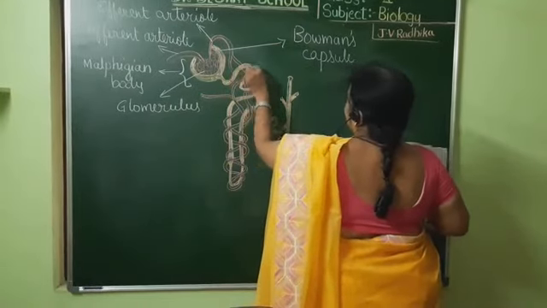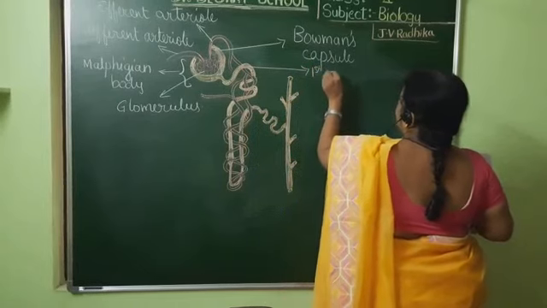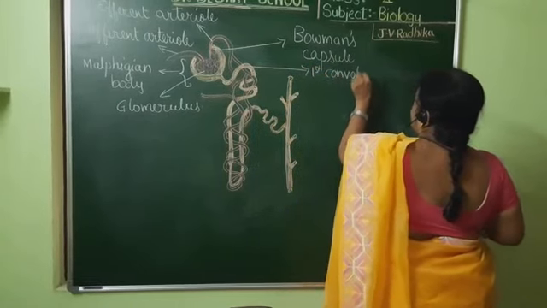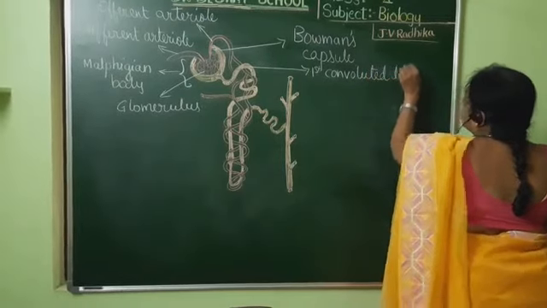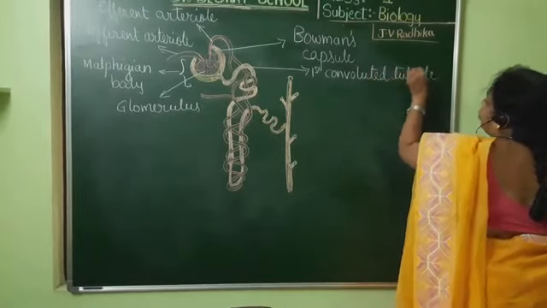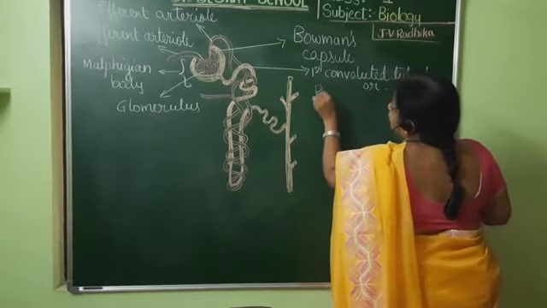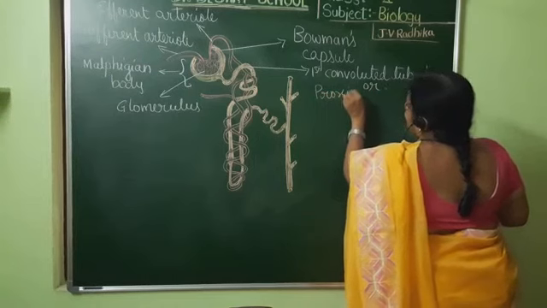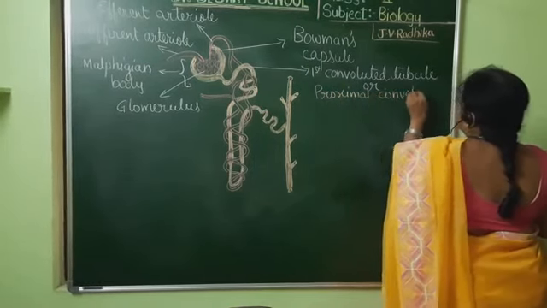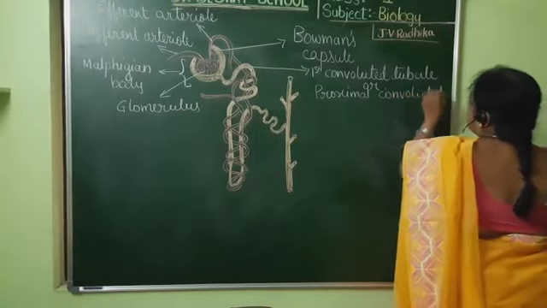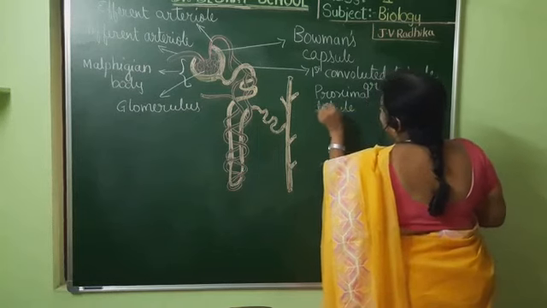This part that is coming from the Bowman's capsule first is called the first convoluted tubule, also called the proximal convoluted tubule.